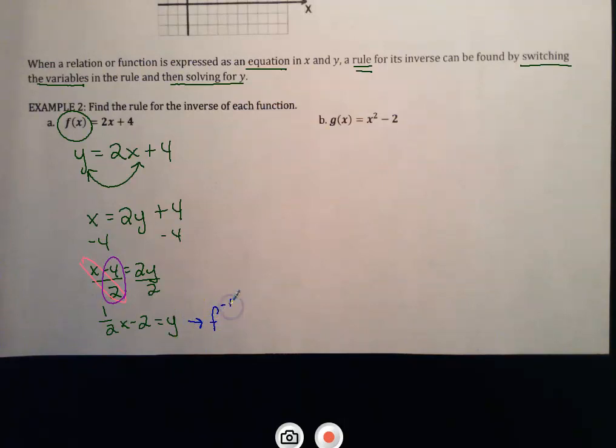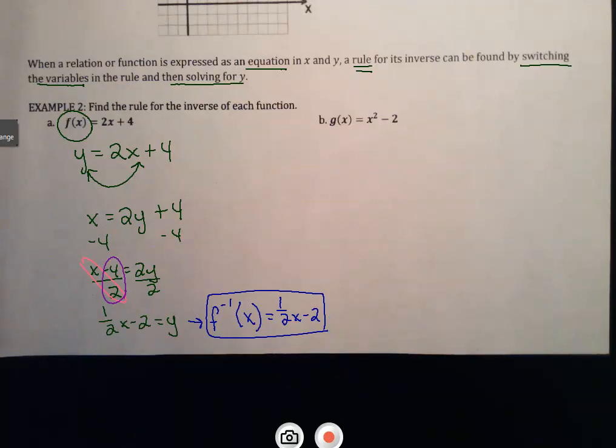So f to the negative 1 of x, because we call that the inverse, equals 1/2 x minus 2. You got it. Good. So I'm not killing you so far?